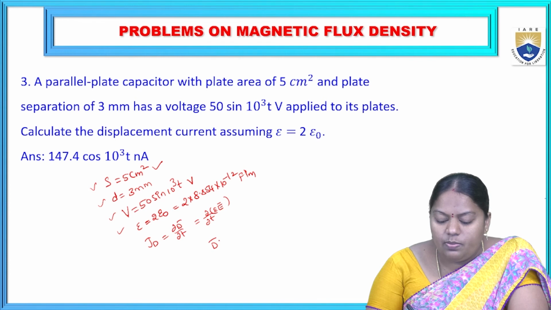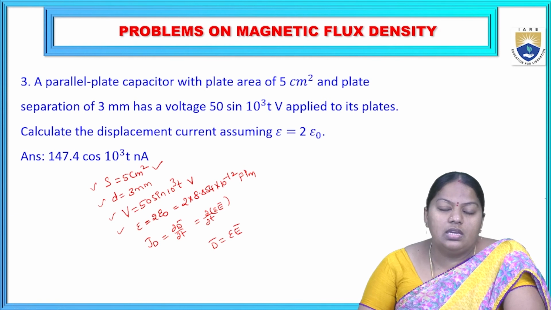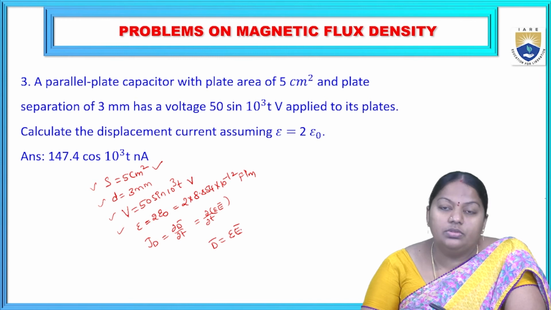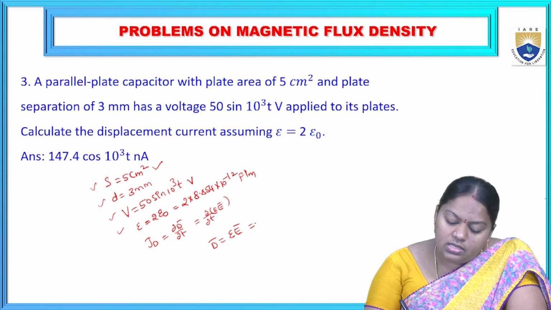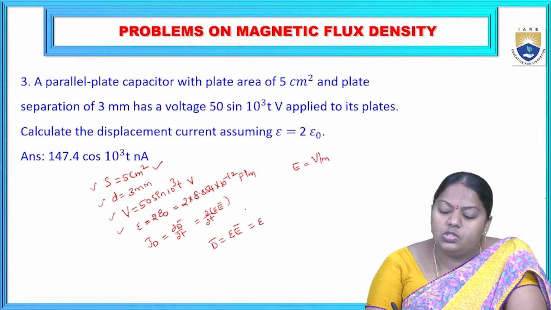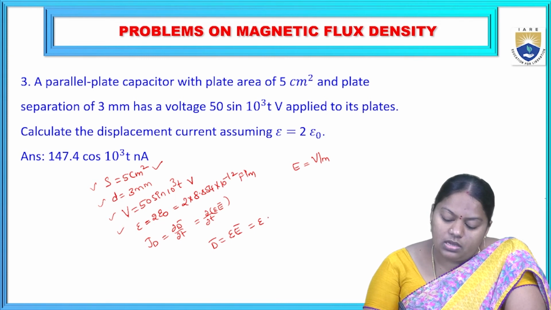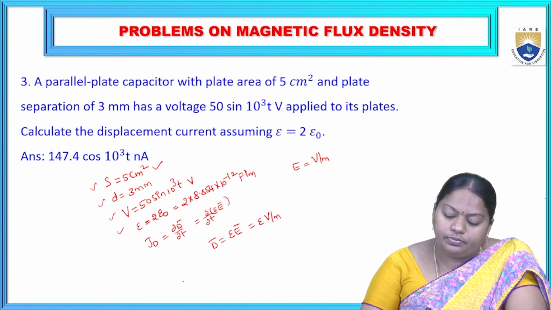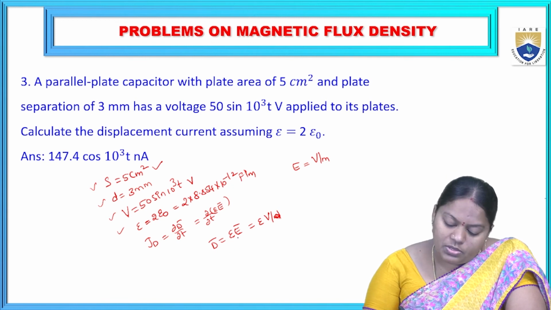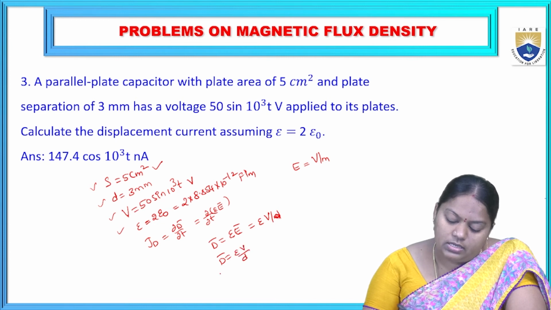Because we know that D bar is nothing but epsilon into E bar, the relation between electric flux density and electric field intensity. The unit for E is volts per meter, where meter is the distance, so E is V by d. If you substitute E by this, then D bar can be written as epsilon into V by d.